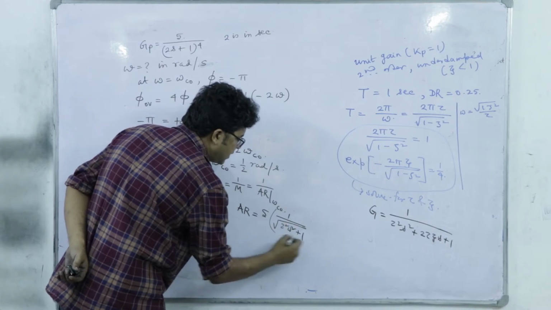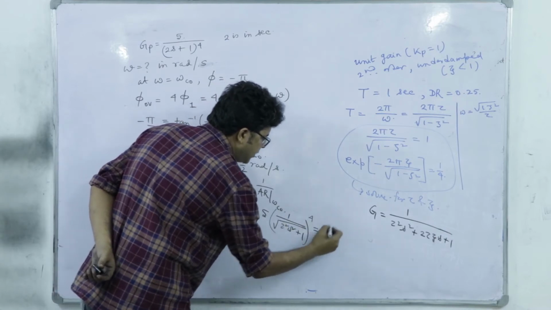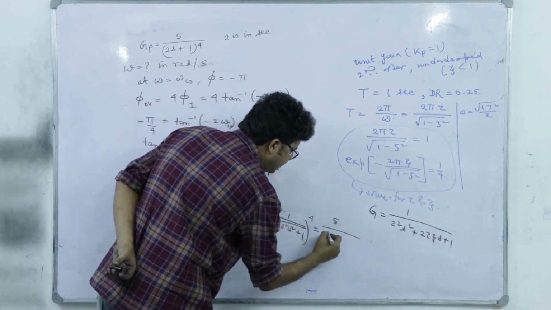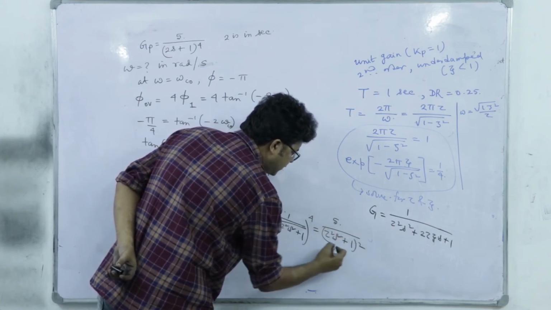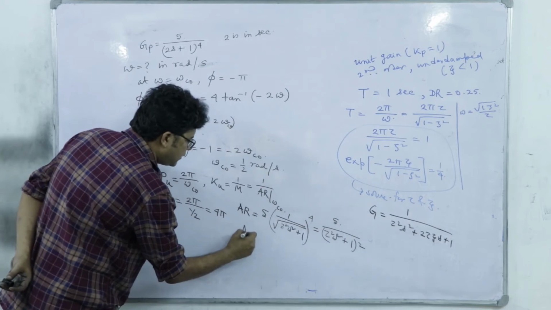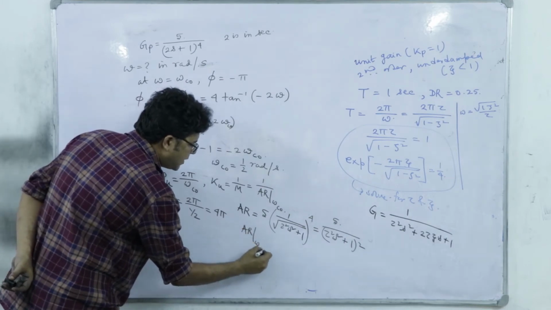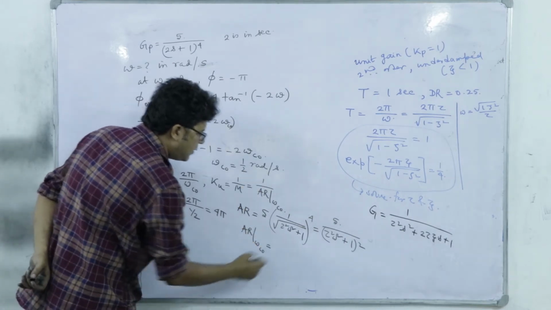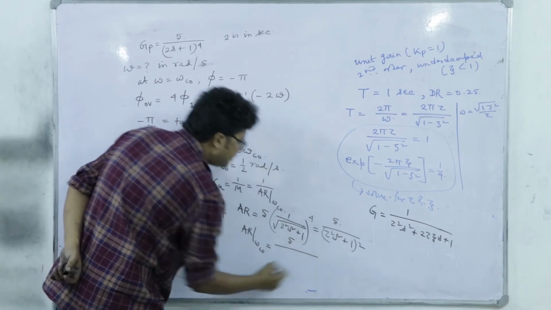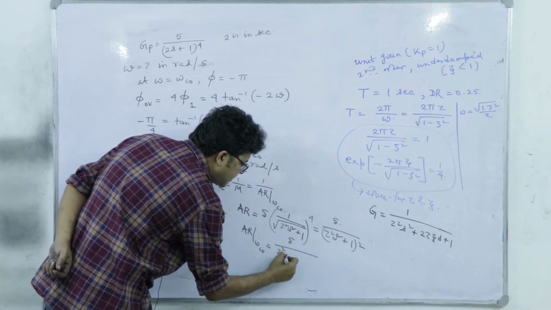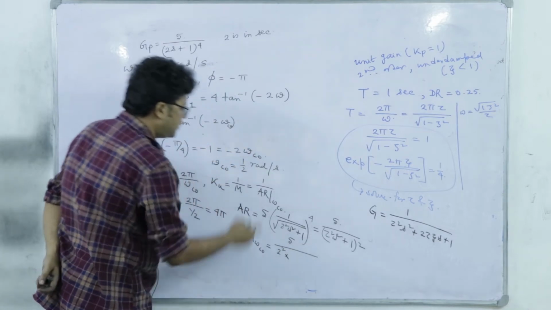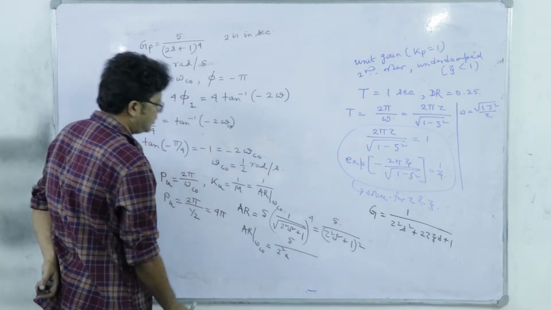And amplitude ratio is 5 into 1 divided by under root of tau square omega square plus 1 whole to the power 4, which is 5 divided by tau square omega square plus 1 whole square, right. So, amplitude ratio at omega co is half. So, 5 divided by tau is 2, so 2 square multiplied by omega square is half, okay.